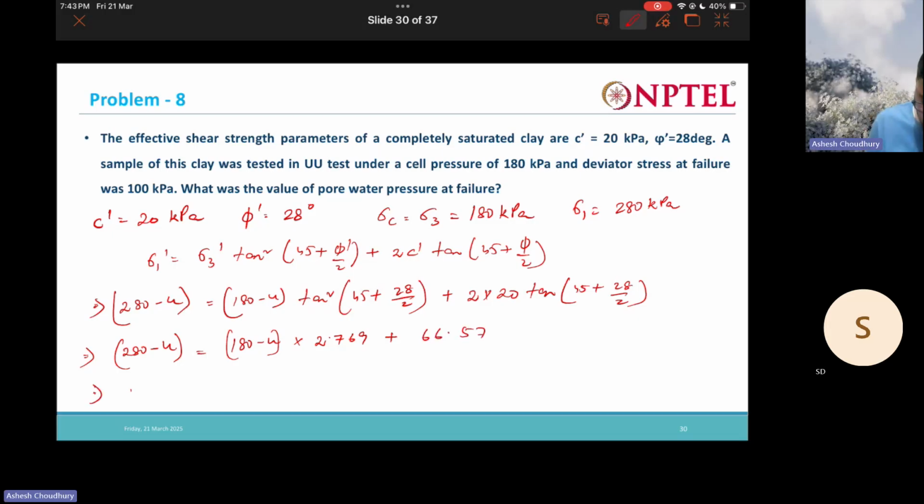The pore water pressure will come out as 161 point something. So from this basic equation, consider u as the pore water pressure, and then you can deduce it. Okay, you can find it now.